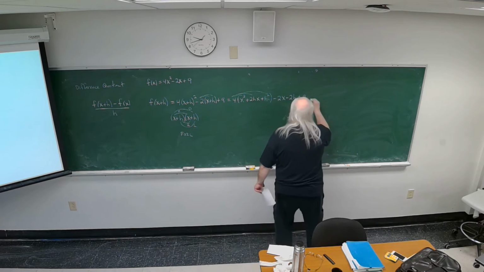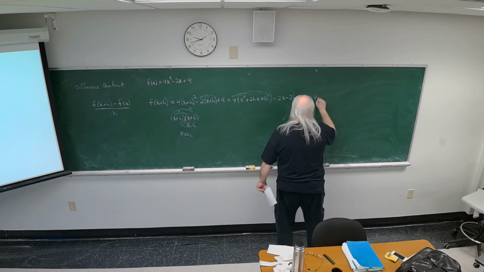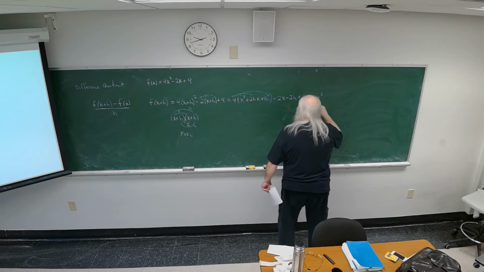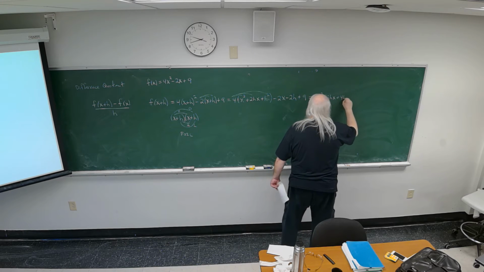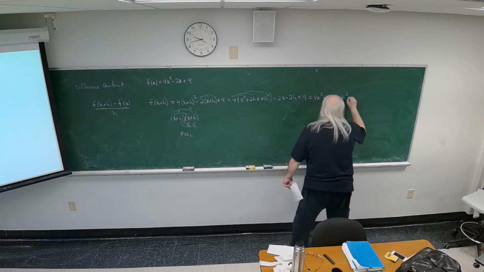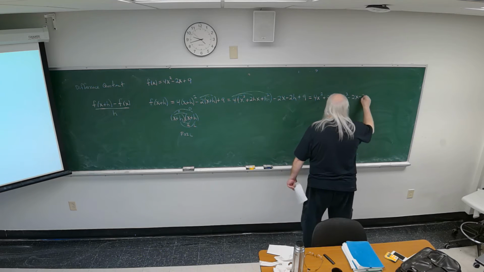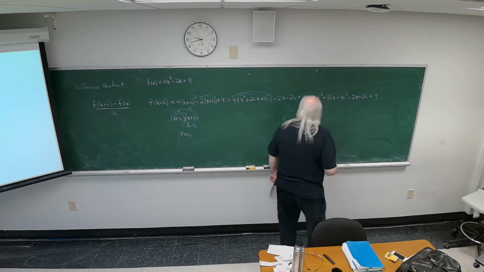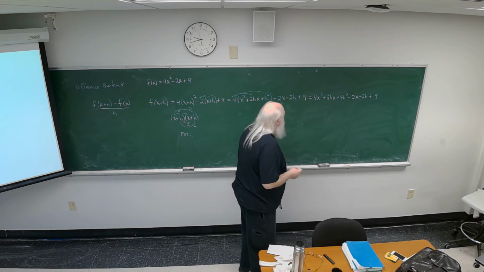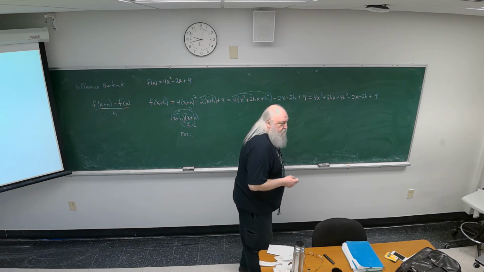And we have 4x squared plus 8hx plus 4h squared minus 2x minus 2h plus 9. See any like terms?